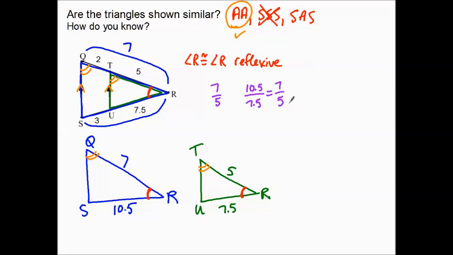So side, angle, side can also prove that these 2 triangles are similar. Either way we want to do it, angle, angle or side, angle, side, we do see that triangle QSR is similar to triangle TUR by one of the postulates or theorems that we choose to use.